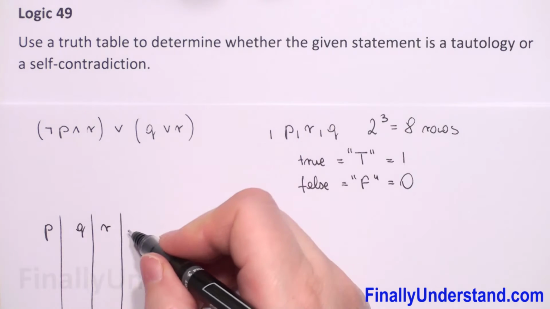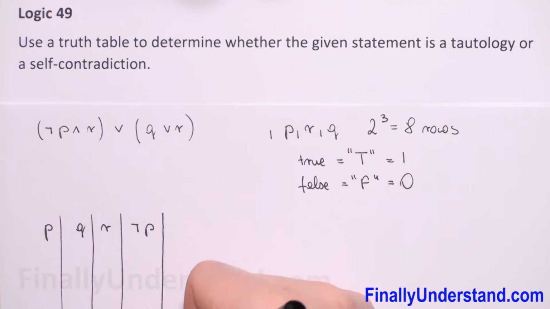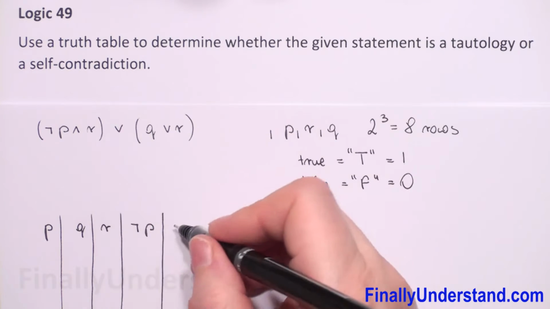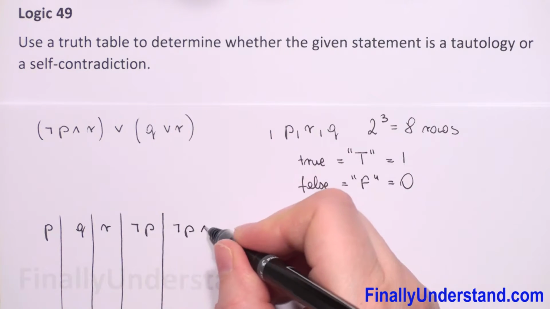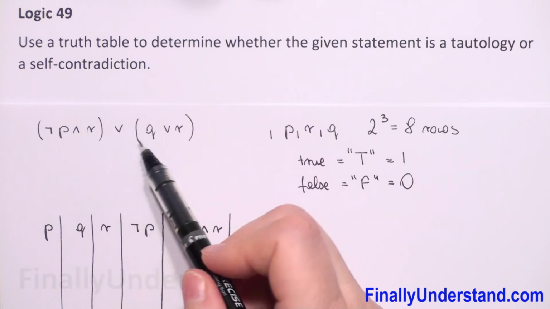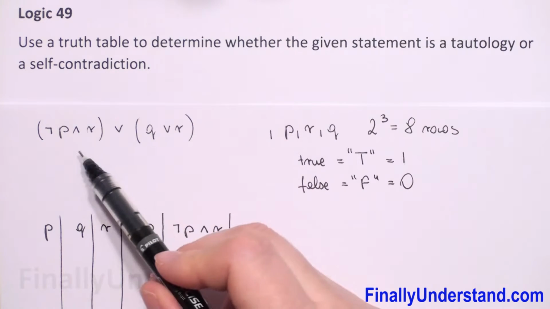Next we have to check if we have negation. We have negation of P. And next we have to start from parentheses. We have only here parentheses. So first is not P and R, because I have only these 2 parentheses in the statement.